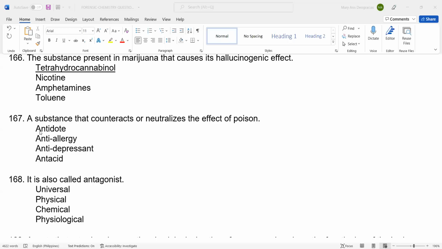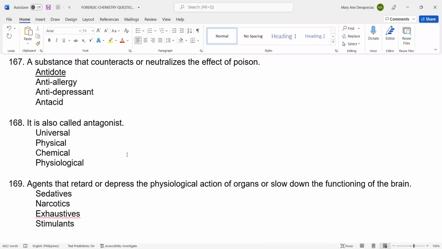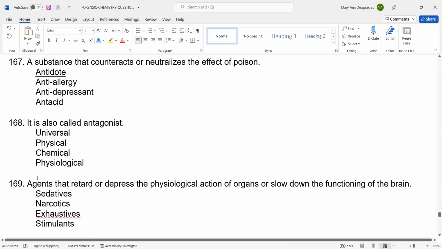Okay, so antidote. It's also called antagonist. So it is physiological.